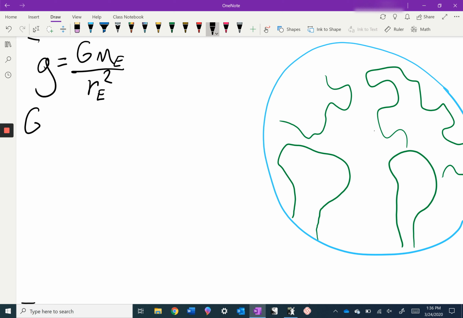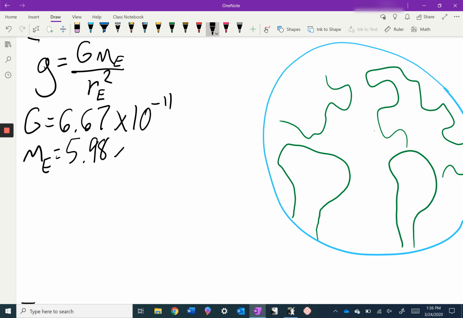So, big G is 6.67 times 10 to the negative 11th. The mass of the Earth is equal to 5.98 times 10 to the 24th. And the radius of the Earth is equal to 6.38 times 10 to the 6th.